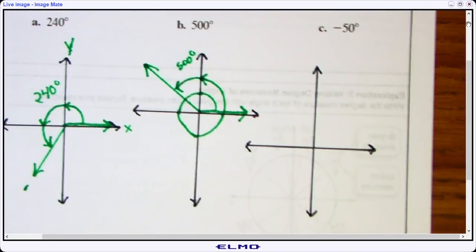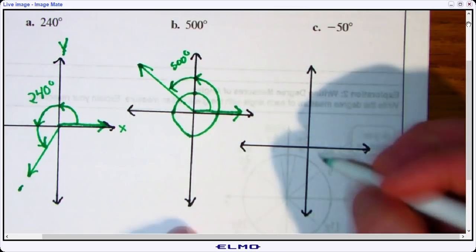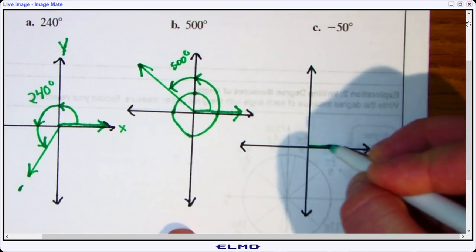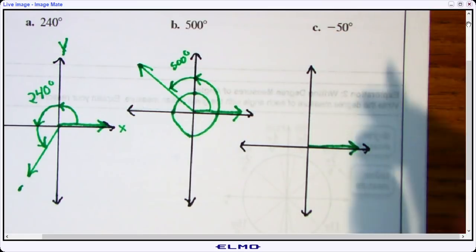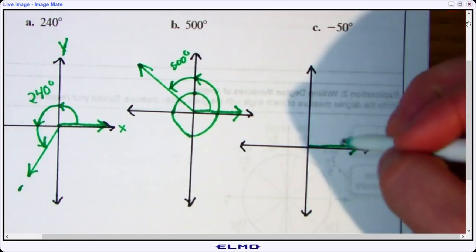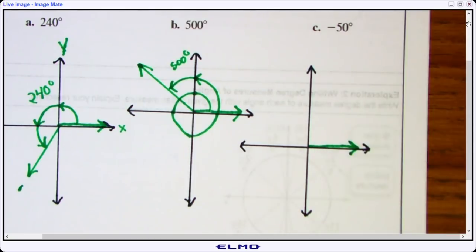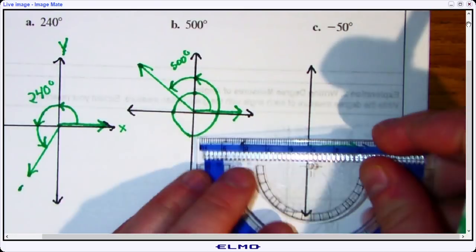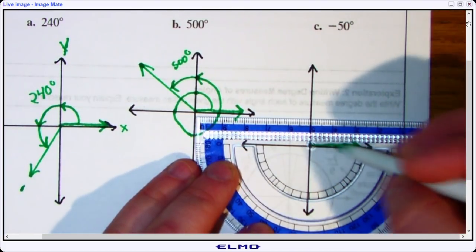Alright, last but not least, we've got negative 50 degrees, so standard position. So my first leg is always going to be fixed along this x-axis in the positive direction. It's going to go negative this time, so instead of rotating upwards, we're going to rotate downwards, and we're going to do that 50 degrees off the positive x direction.